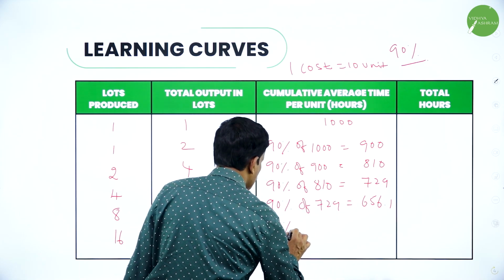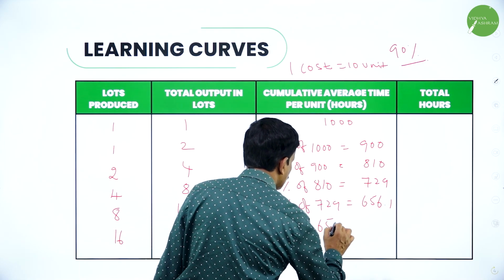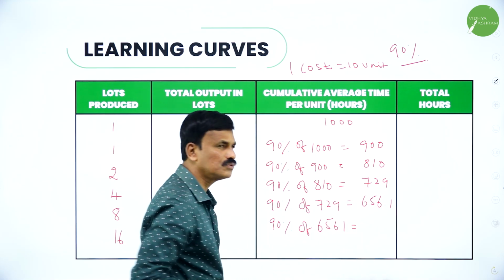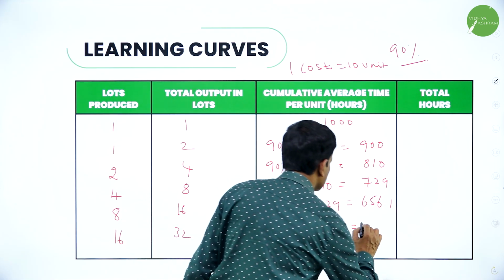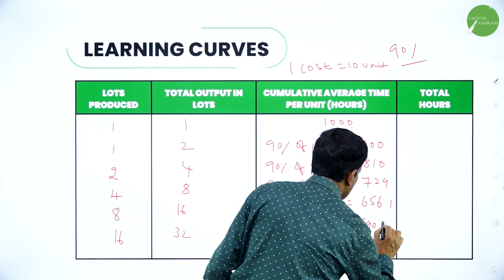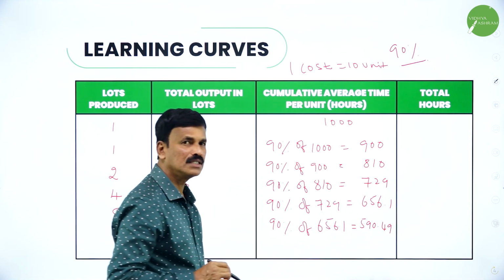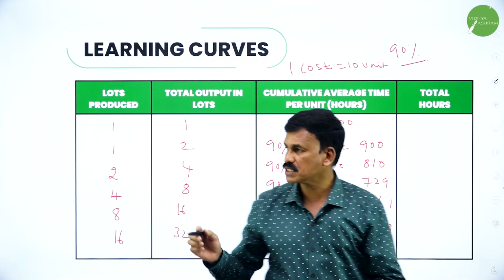Similarly, 90% of this 656.1 is equal to 590.49. Okay. See here, very simple type this is.